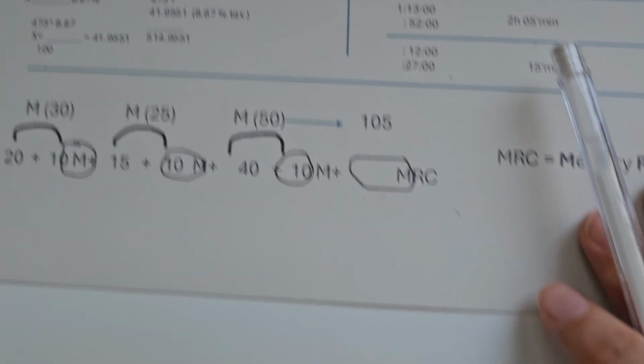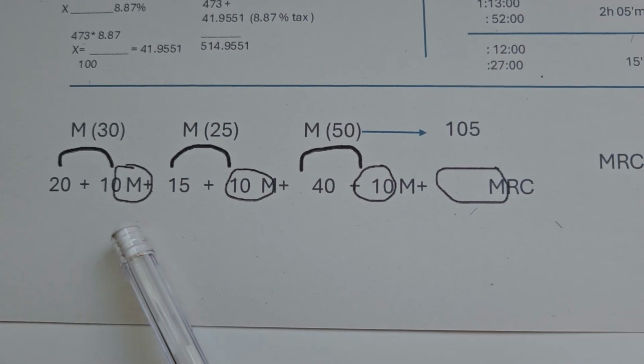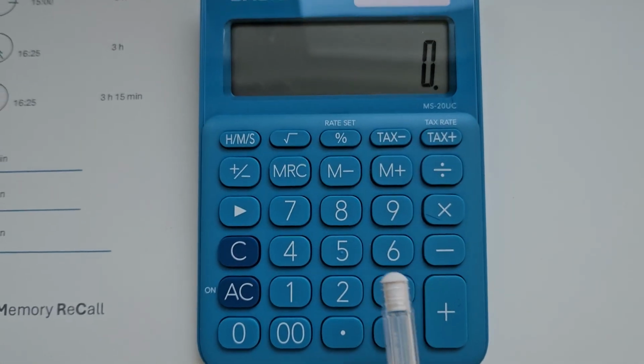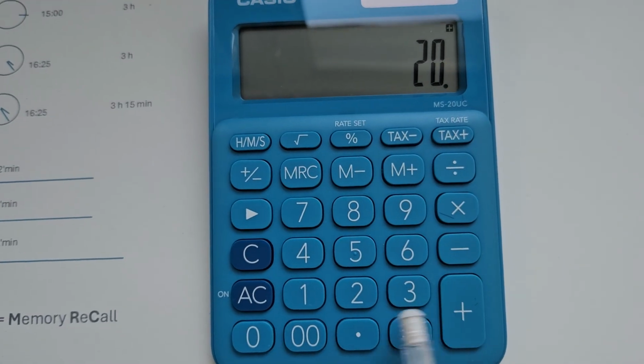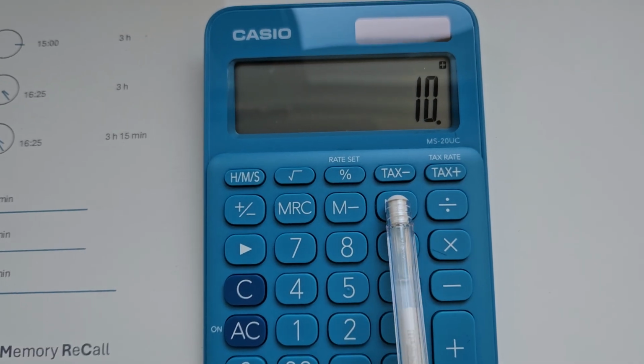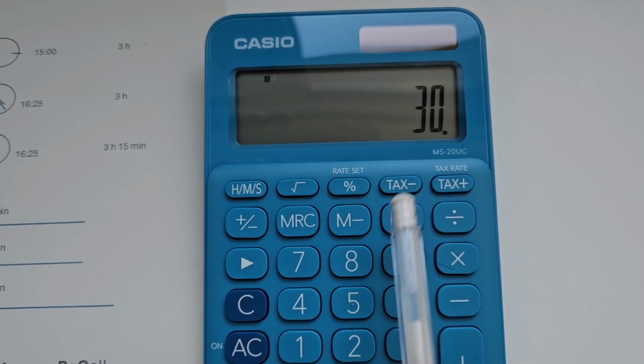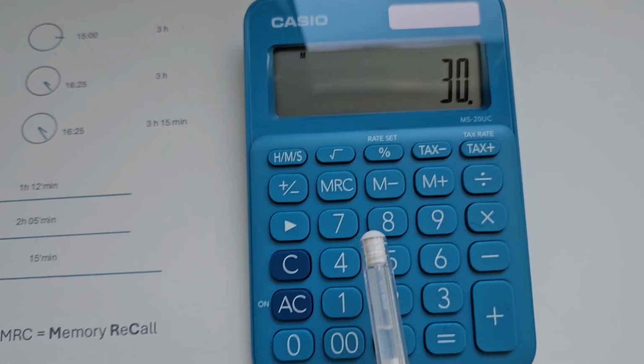This is how we proceed. So I do 20 plus 10 and I add it to the memory. And you can see it's 30 and it has been added to the memory.